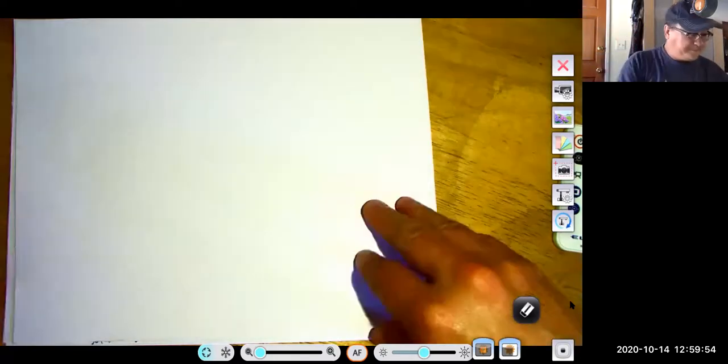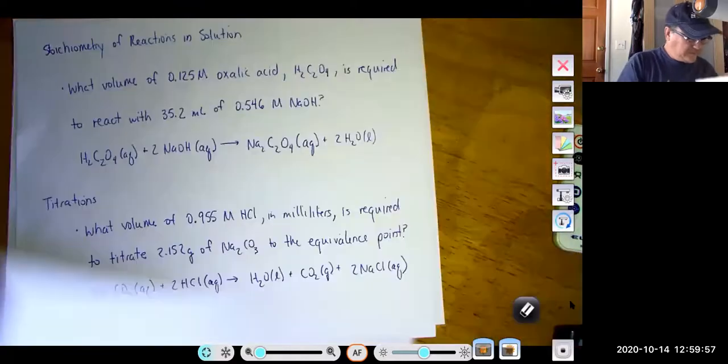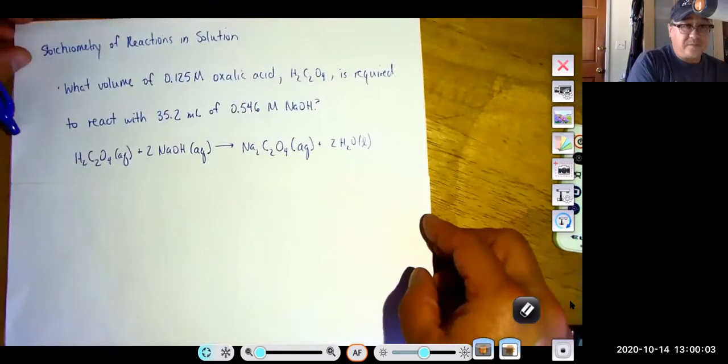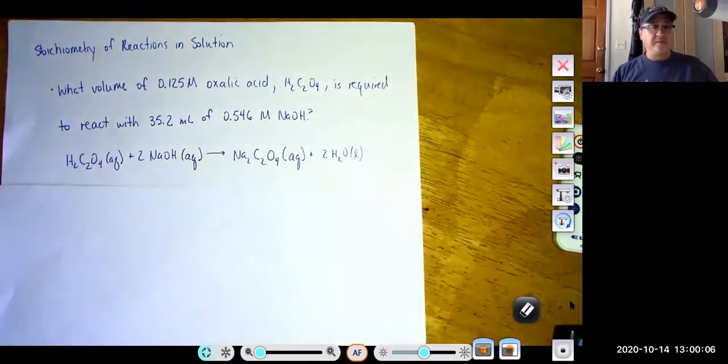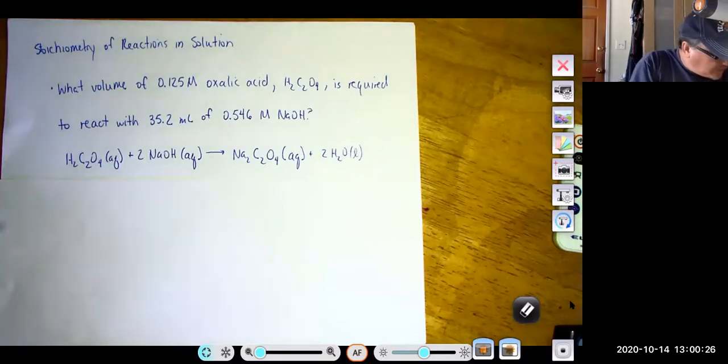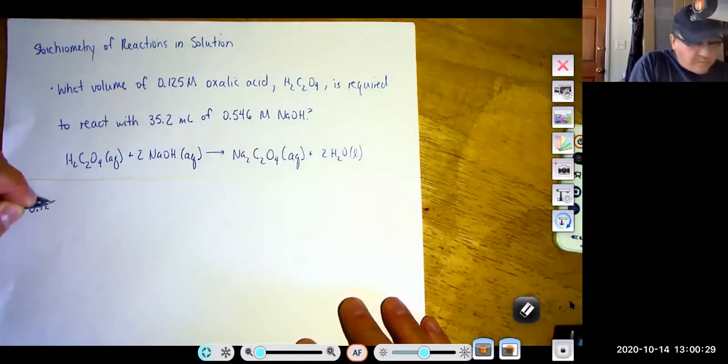Okay, here we go. For this one, the 0.125 molar oxalic acid is 0.125 moles of oxalic acid.